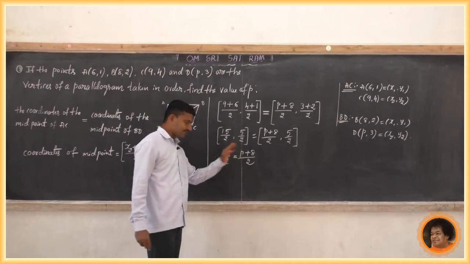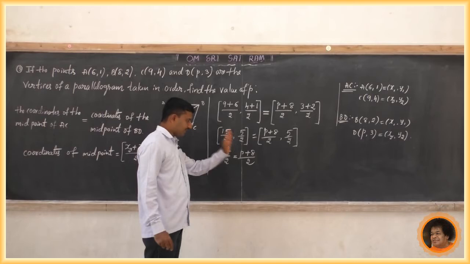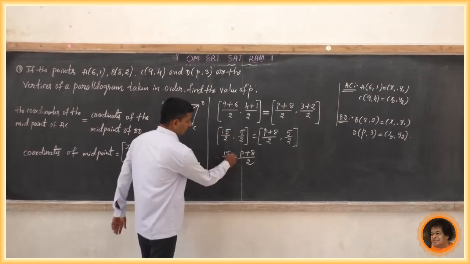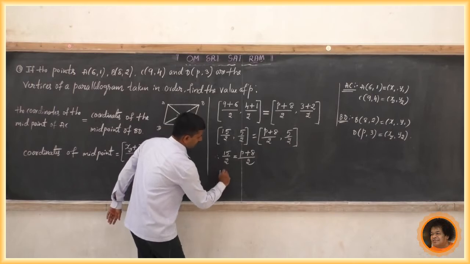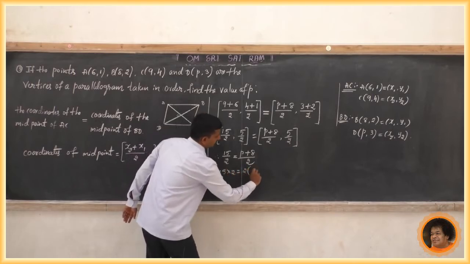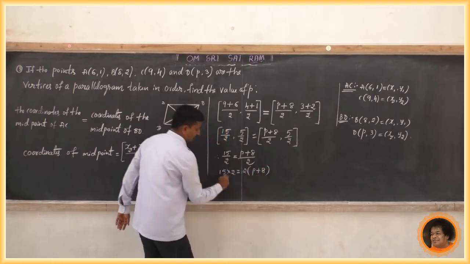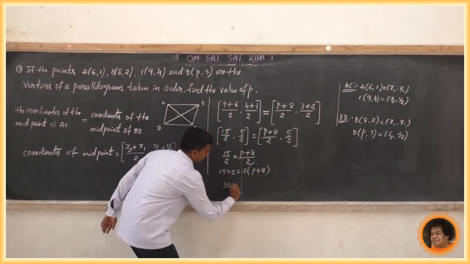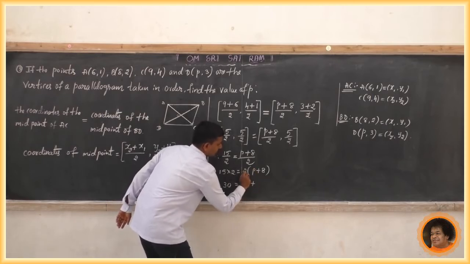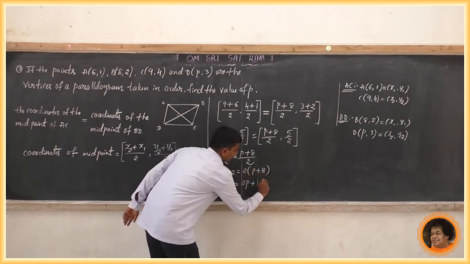Here the denominator is the same, so eliminate the denominator. Or in other words, cross multiply: 15 into 2 equal to 2 into P plus 8. 15 into 2 is 30 equal to 2 into P, 2P plus 2 into 8, that is 16.